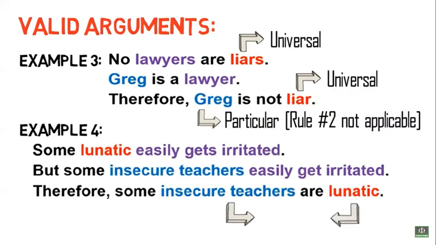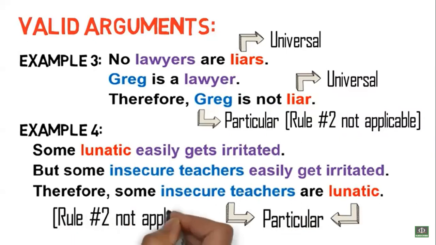Both the minor and major terms in the conclusion of this syllogism are particular. For this reason, rule number 2 is not applicable. Hence, the syllogism is automatically valid in the context of rule number 2.